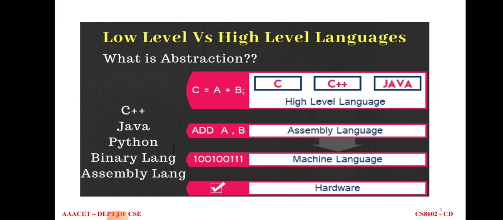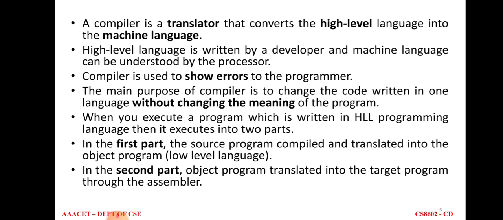Using the compiler, the high level language C = A + B is converted into machine level language, that is low level language. Both assembly level language and machine level language are low level language, while C = A + B is high level language. So a compiler is a translator that converts high level language into machine level language.